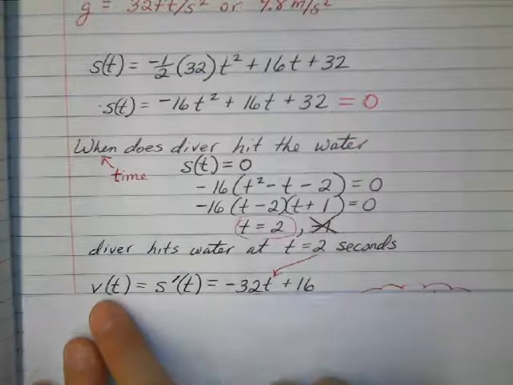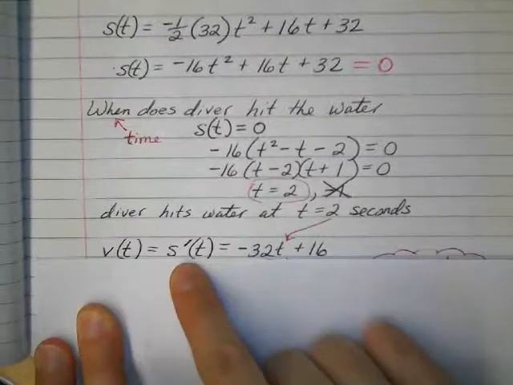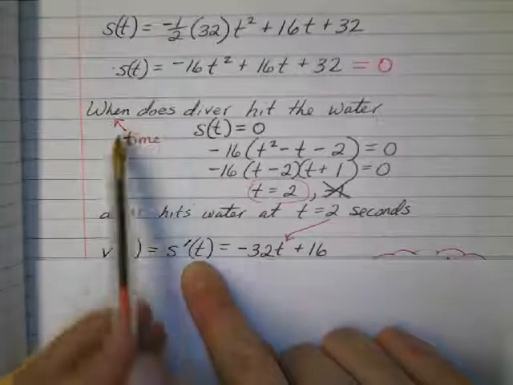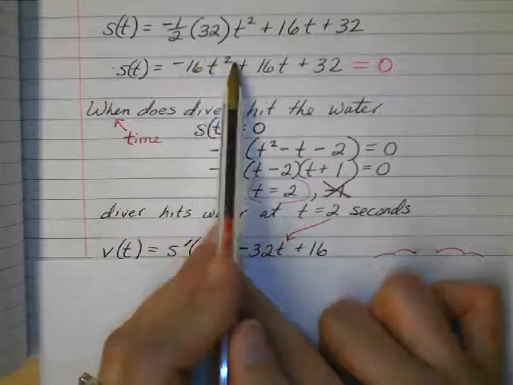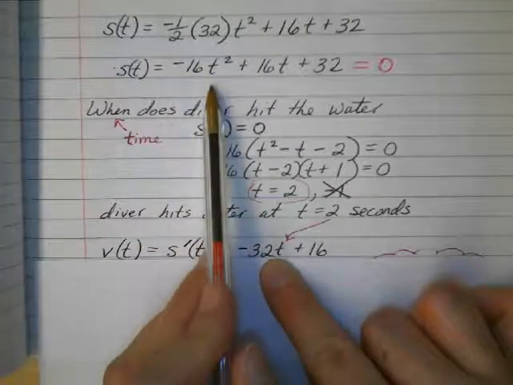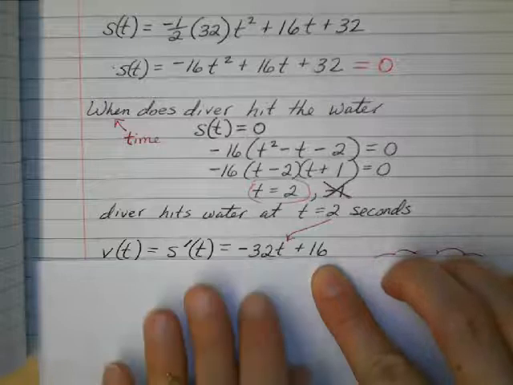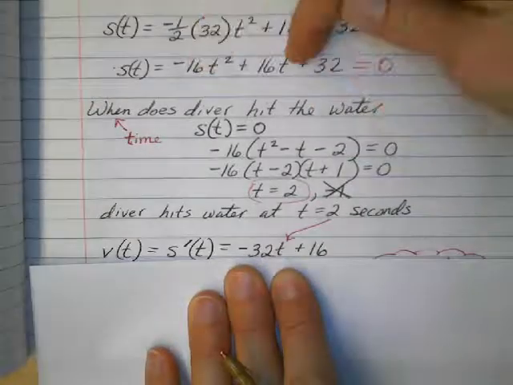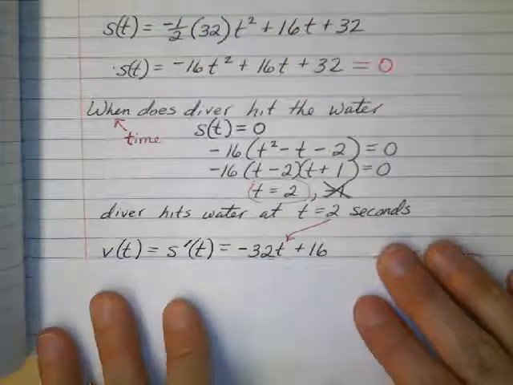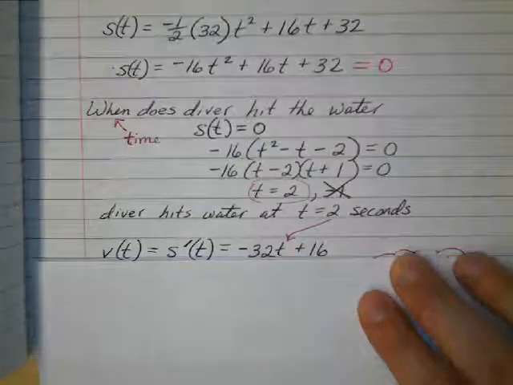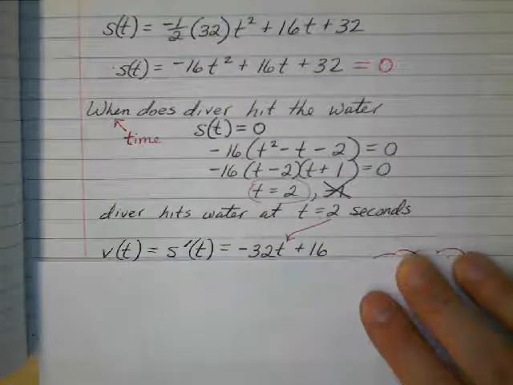The derivative of the s of t function is -32t plus 16. Then you can plug in the 2 seconds and get the velocity at impact.